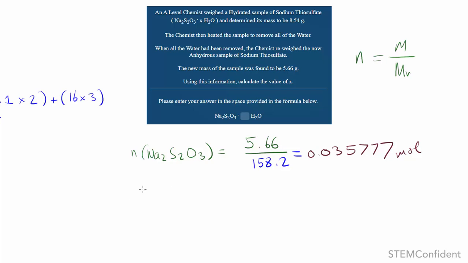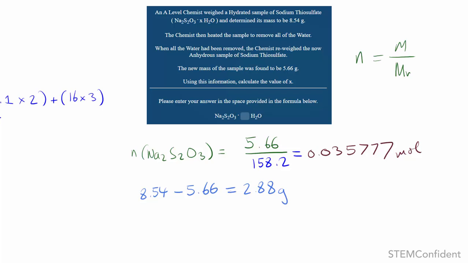That would be 8.54 minus 5.66, which gives you 2.88, and that's in grams.